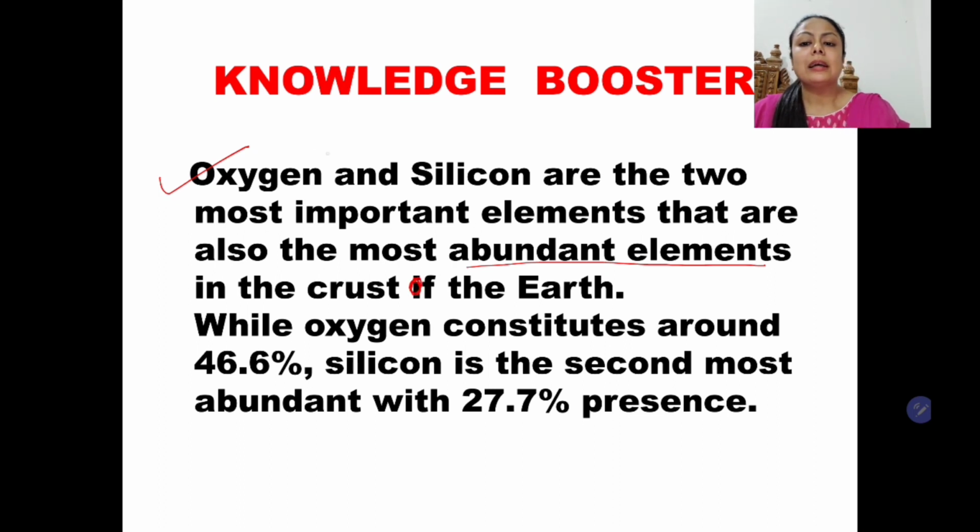So students, oxygen and silicon are the most abundant. They are highest in percentage. These are the two elements found on the surface of the earth. While oxygen constitutes 46.6%, silicon is the second most abundant with 27.7% in the crust.